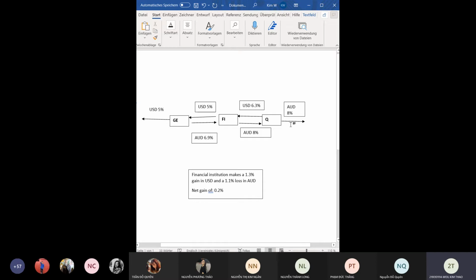That is also the borrowing rate for this company, and the upper arrows show that Qantas pays the 6.3% that we calculated with the 7% minus the 0.7 to the financial institution, which pays to General Electric the 5% USD. And so it gains 1.3% in US dollars and loses 1.1% in Australian dollars.